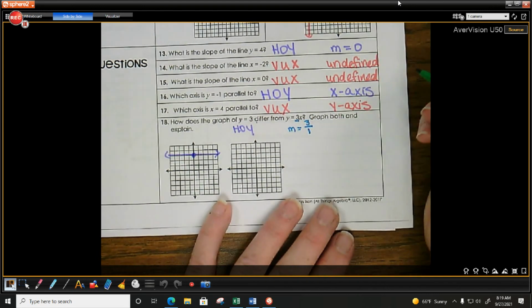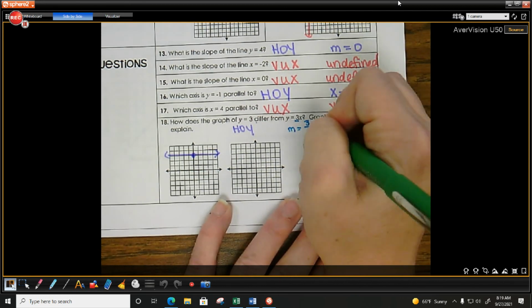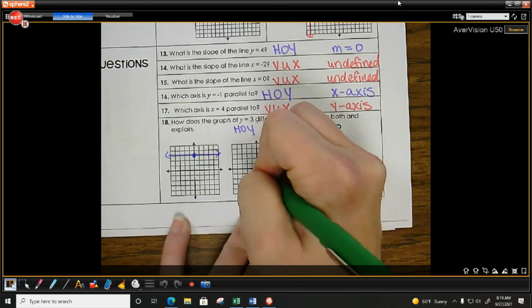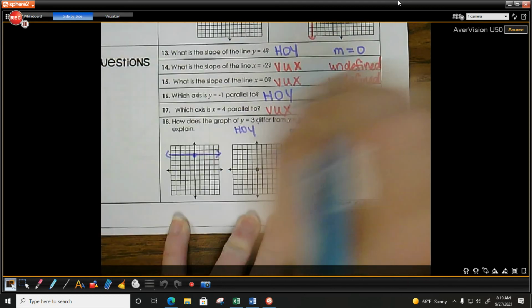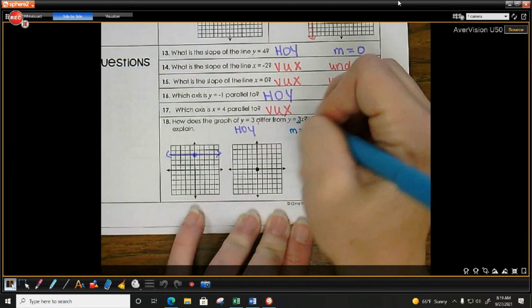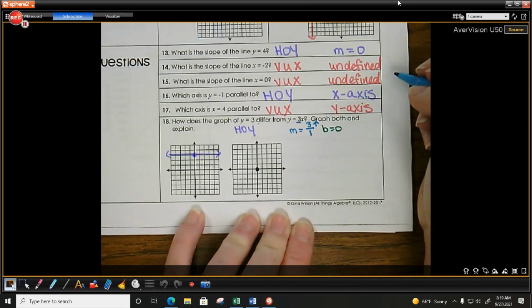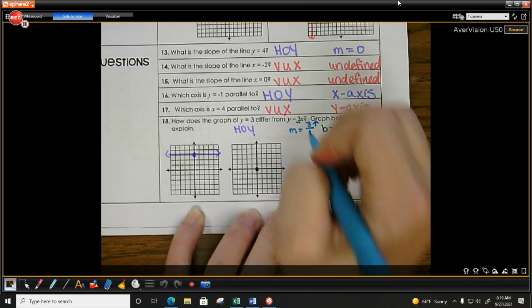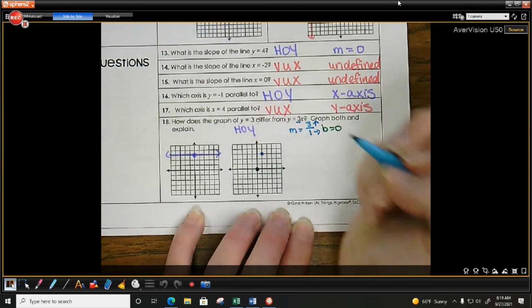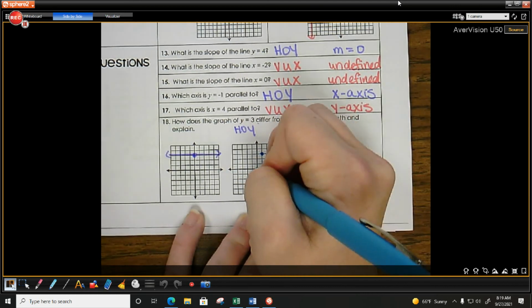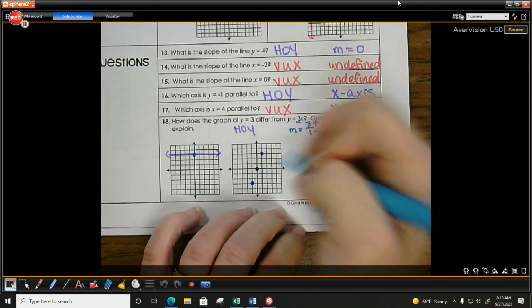So I'm going to begin at 0, because we always begin with b. Begin with your y-intercept, and then I always move up. If it's a positive, I go to the right. So up 3, right 1. What's the opposite of up to the right? Down 3, left 1. And draw your line.